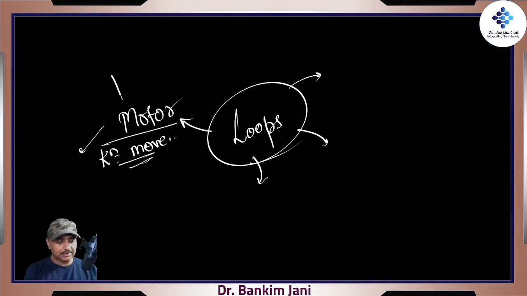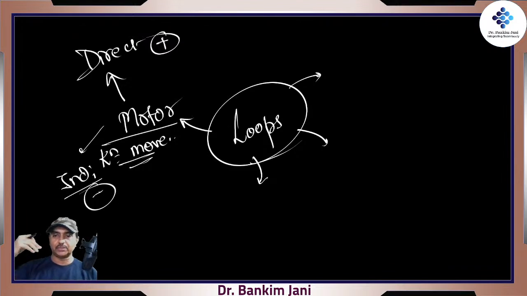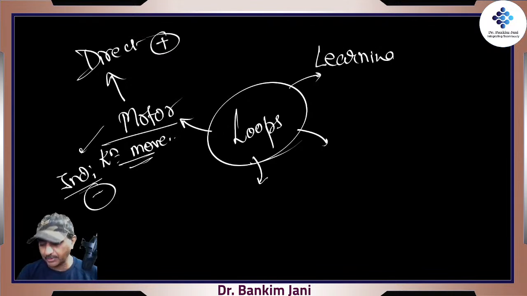There were two paths: the direct path, which is stimulatory, and the indirect path, which is inhibitory, used when the action is to be stopped. The direct path is when action is to be initiated and executed. When we want to learn something, the feeds have to come from various areas, so that is the learning loop.